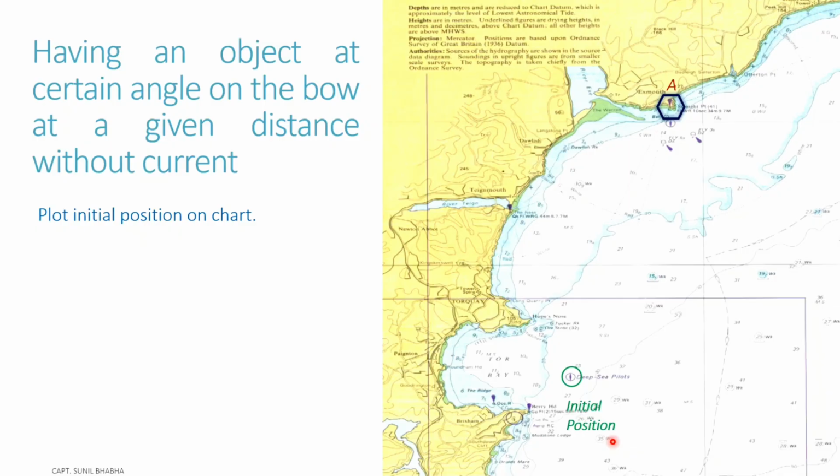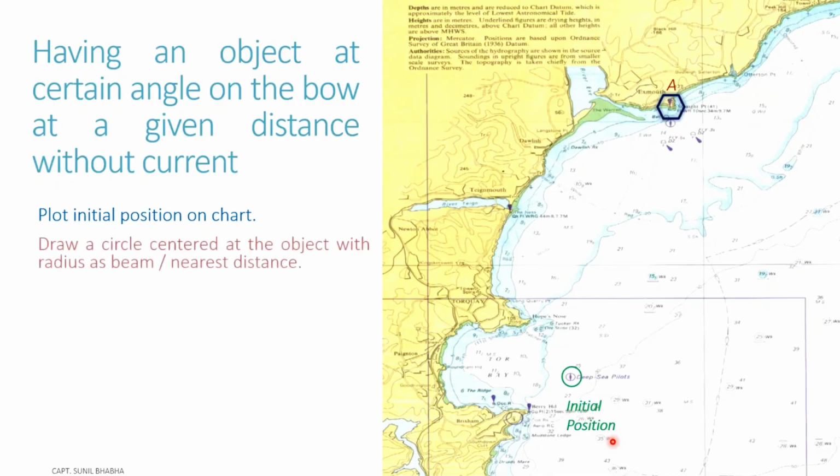Now you see in our rough diagram, we have already found out what will be the beam distance or the nearest distance of this particular lighthouse when we are moving on our planned CTS.